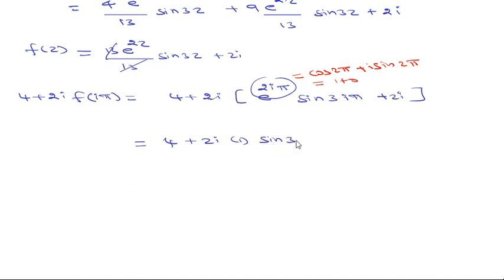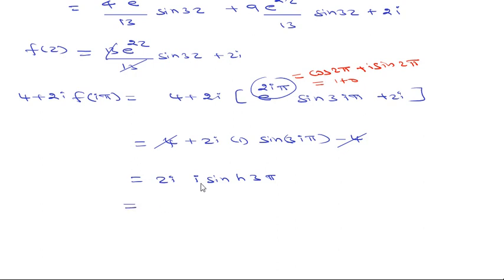So we have sin 3 I pi. 2 into 2y, it's 2i, 4i square. 4i square will be minus 4, so this 2 will get cancelled. So sin 3 I pi can be written as I times sinh 3 pi.